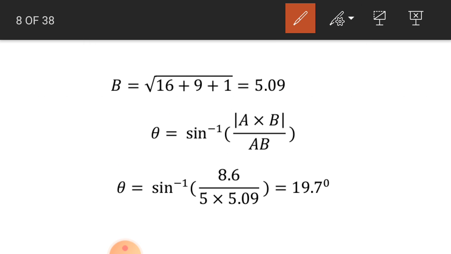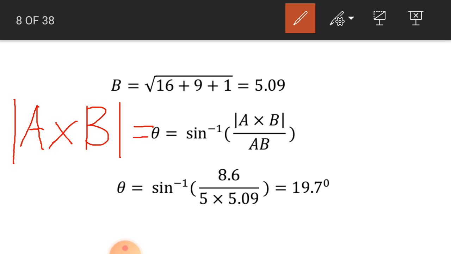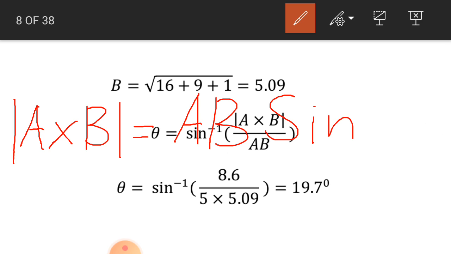We know that the magnitude of A cross B is equal to the magnitude of A into the magnitude of B into sine of the angle between these two vectors.